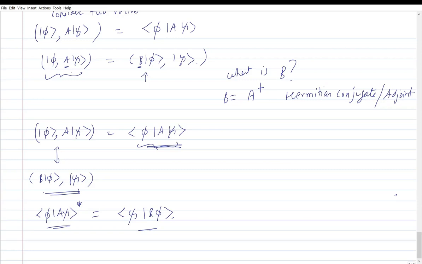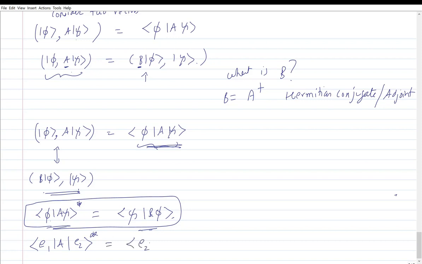And now I can calculate B. Let me work with some basis elements. This definition is valid for any phi and psi. So let me do it for basis vectors e_1 and e_2, an orthonormal basis. We already saw that these are the matrix representation in terms of an orthonormal basis.